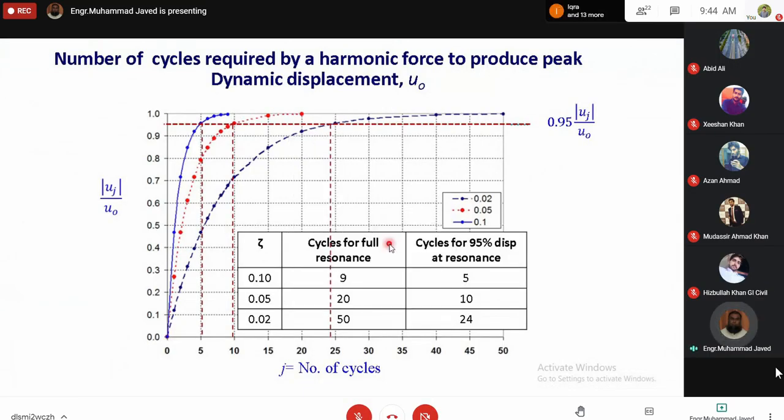Number of cycles required by a harmonic force to produce peak dynamic displacement.